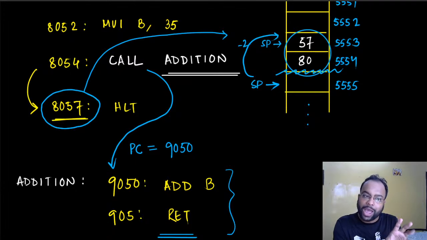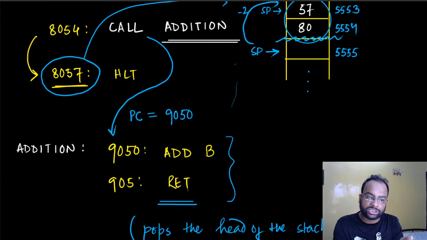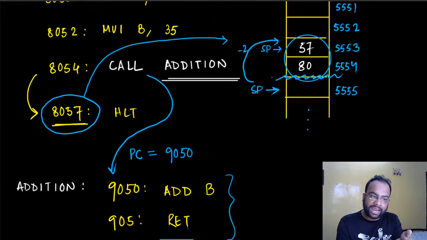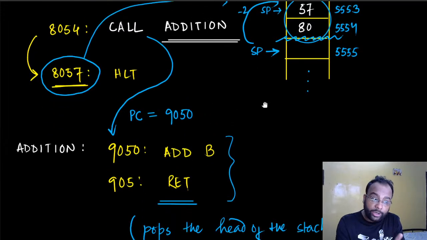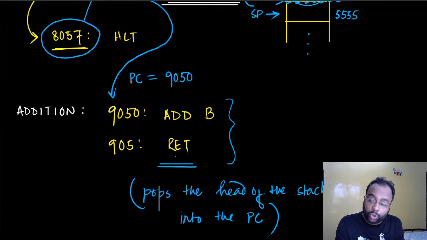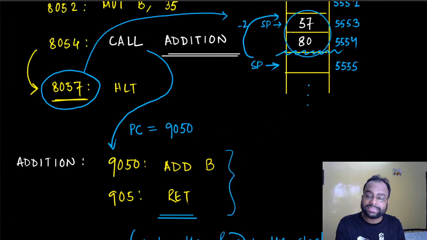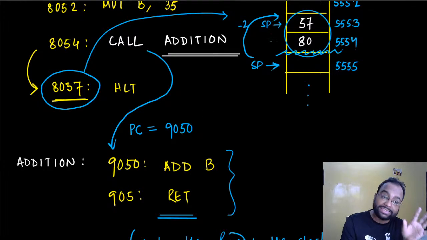In the head of the stack, you have 8057. So when I do a return instruction, it pops the head of the stack, which is 8057, into the program counter. So after doing the return instruction, the program counter gets the address back.